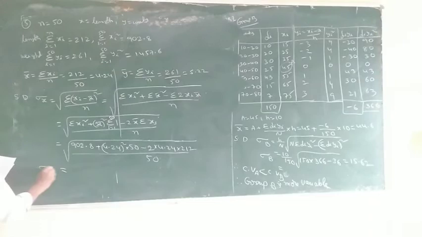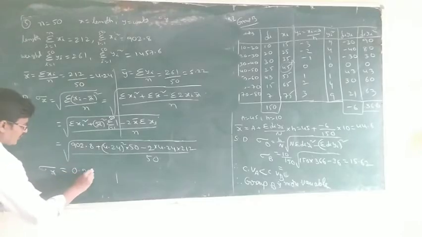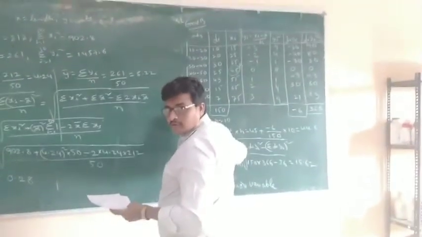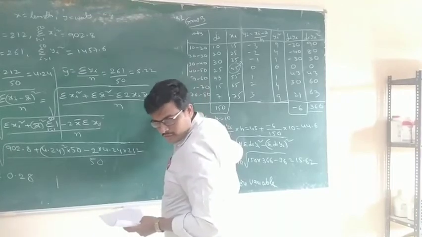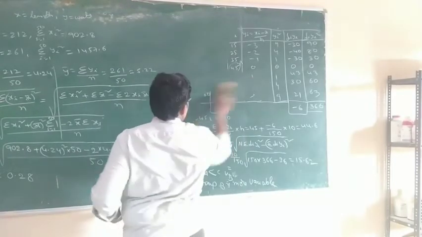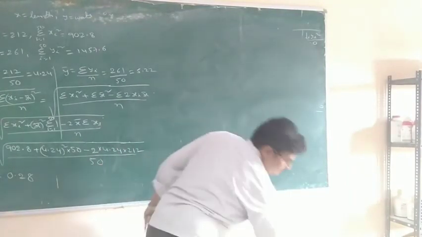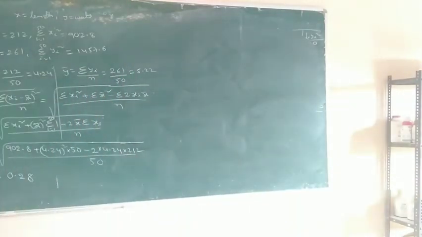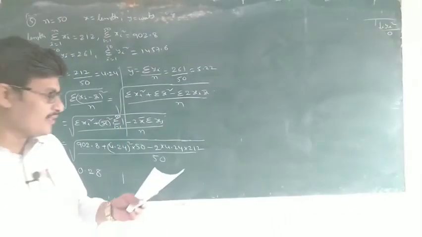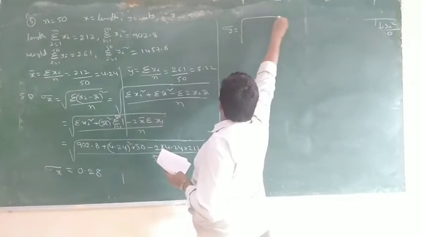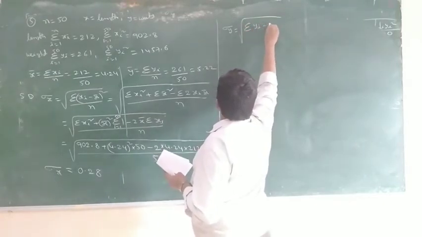So you have to calculate it using a simple calculator. The answer is 0.28, so the Σx value is 0.28.